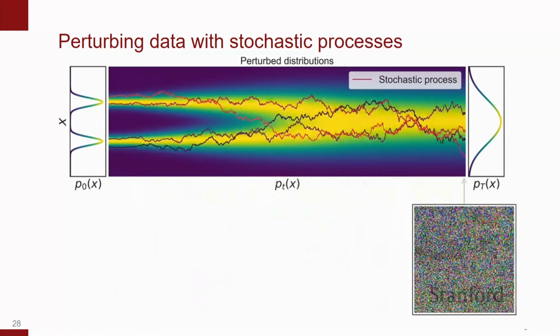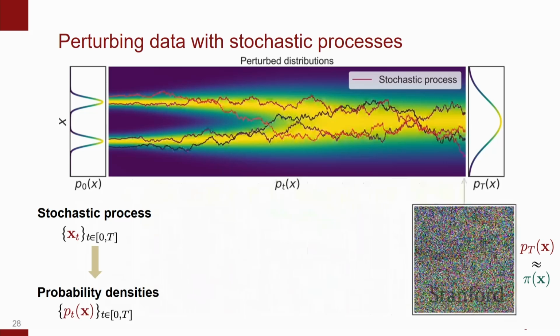And so you can think of having a collection of random variables, xt, one for each time step, which is basically describing what happens as you go from pure data to pure noise. And all these random variables, which you can think about as a stochastic process, just a collection, an infinite number of random variables, they all have densities, PTs, which are just these data densities plus noise that we've been talking about for a while.